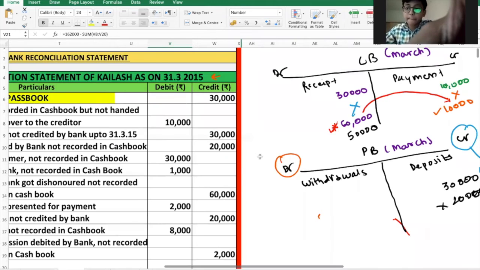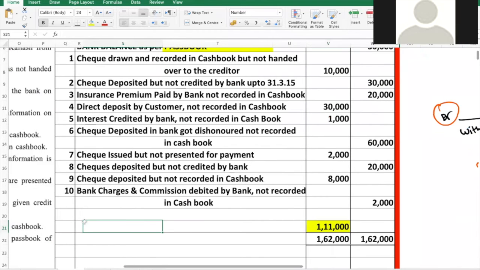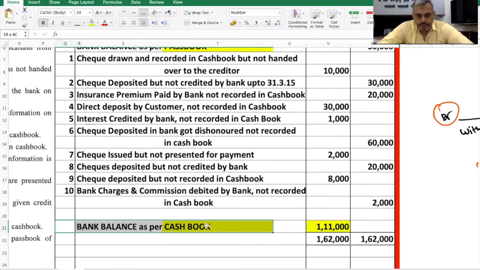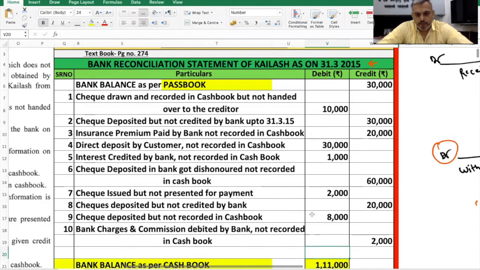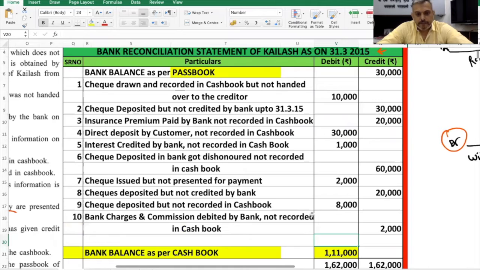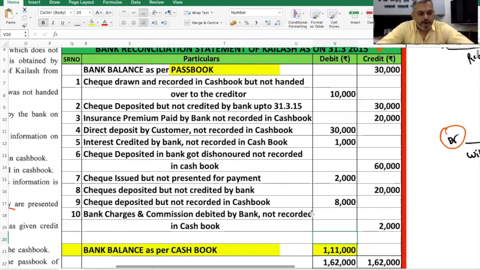Bank balance or bank overdraft? Bank balance. So here we will write bank balance as per cash book. This is your final answer. Go through it, see if you have any doubt, you can ask. If not, make the format for illustration number 6.